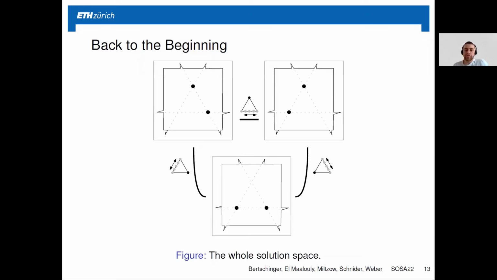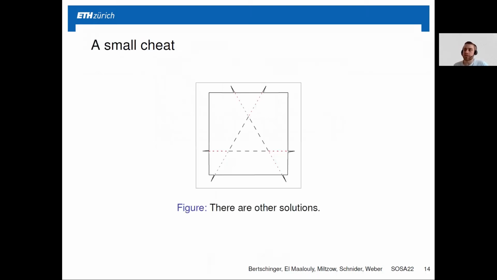So if we can show that the whole solution space is this circle, then we would not only have a homotopy equivalence, but we would even have a homeomorphism between the solution space and the circle as a topological space. Now, unfortunately, in this very instance of the art gallery, this is not yet the case. In particular, on the red extensions of the guard segments in the middle here, we can put guards there.